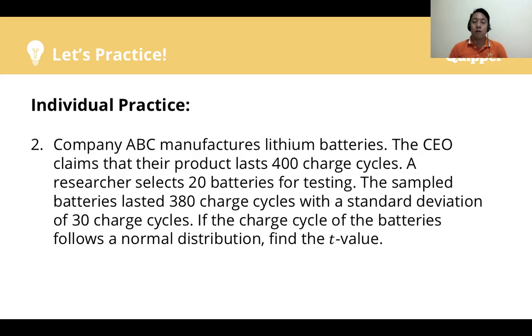Take a screenshot also, and pass your activity through our Messenger. Send it to me directly so your QSA will not be messy. For this one, you need to find the t-value only. So easy. Just find the t-value. Screenshot now.